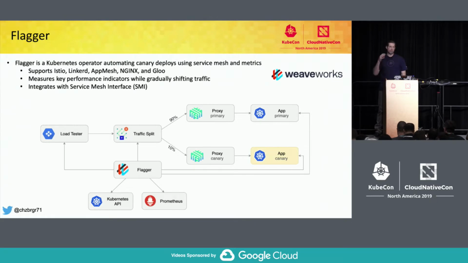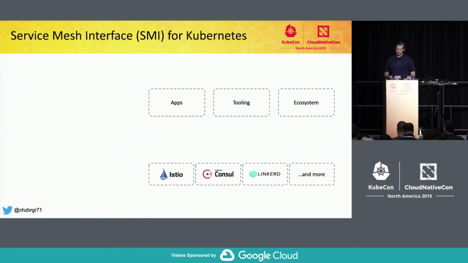It does traffic shaping rules to slowly drift some of the traffic to the new version, performs acceptance testing, and works through that workflow according to your configuration until it's actually cut over and running in the new version. It's pretty powerful in what you can do there. I still would consider it a fairly young open source project, but you'll see how it works when we go through the demo here.